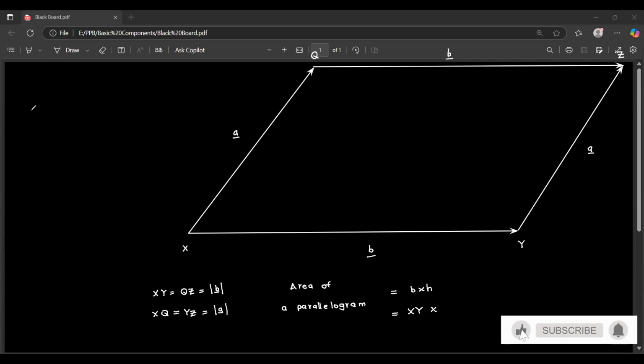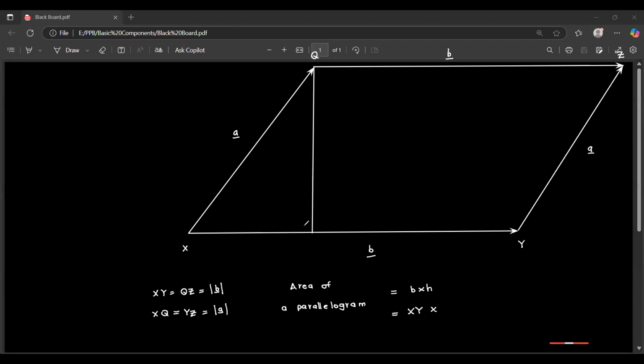If I draw a perpendicular from Q to XY, I can say this one can be taken as the perpendicular height. Let's say this is P, so this will be QP. The thing is, XY is equal to the modulus of B, the absolute value of B.